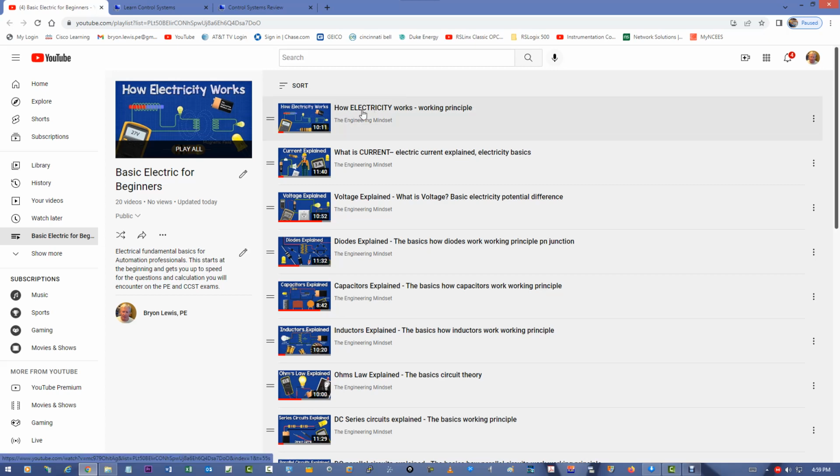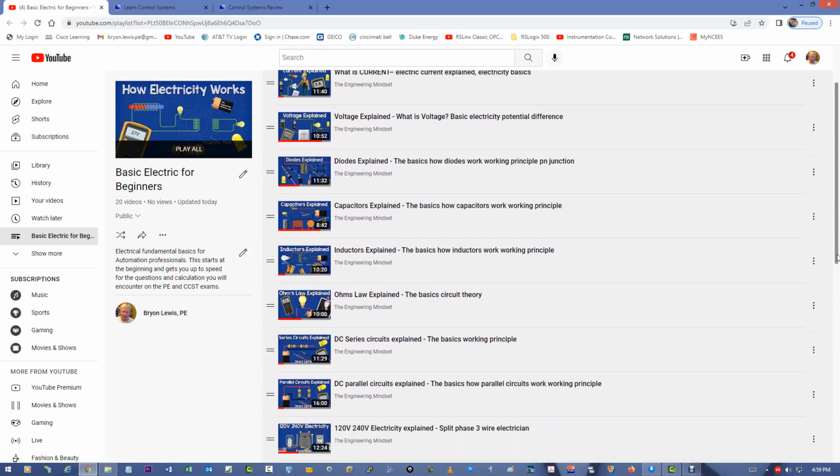The main thing you need is how electricity works, so you can understand what it is, what current is, and what voltage is. You're going to need Ohm's law, and you should understand DC circuits and parallel circuits. And it wouldn't hurt to get into the introduction of 120 and 240 volt electricity for power distribution and what that is in your control panels.